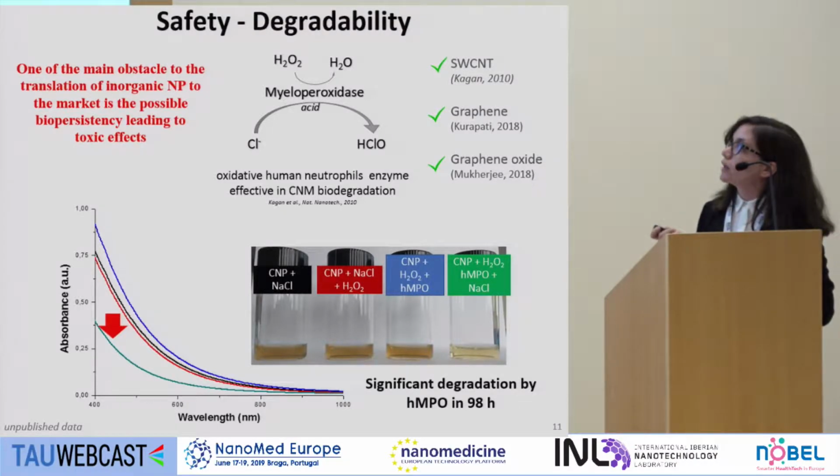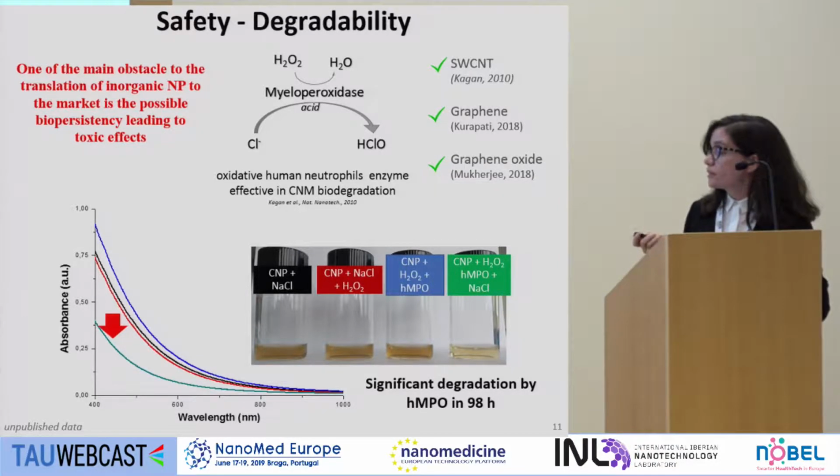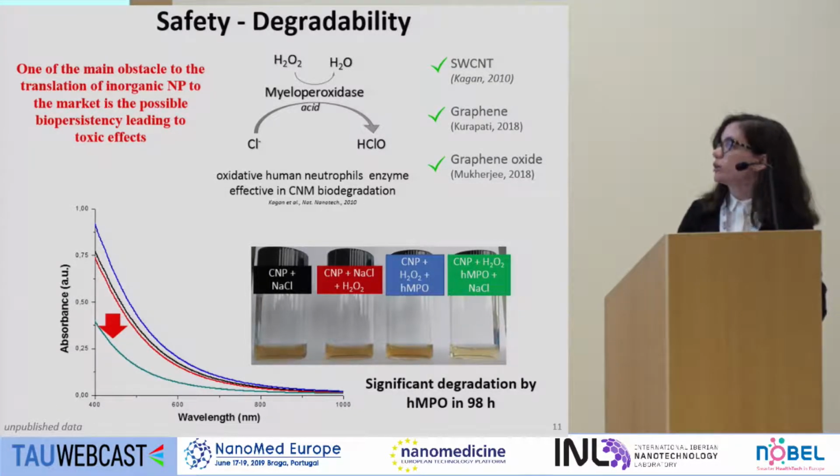So enzyme, hydrogen peroxide, and chloride ion, which should then be converted into hypochlorous acid. And we found a significant degradation by the enzyme in 4 days of incubation.